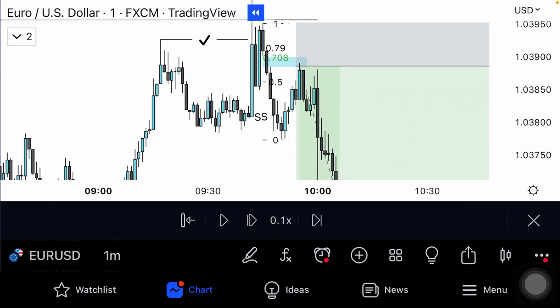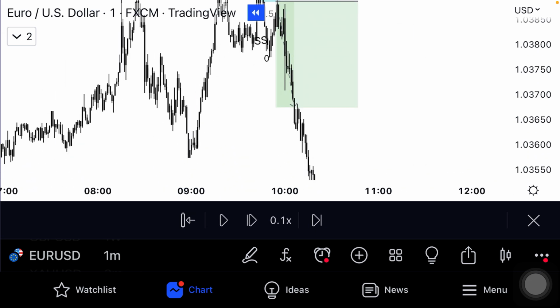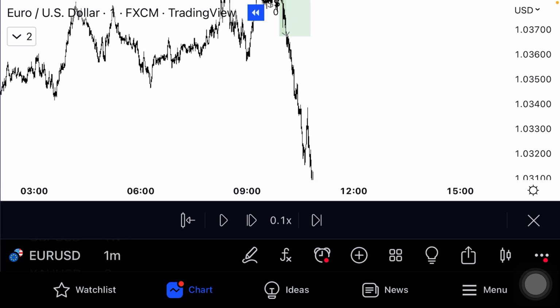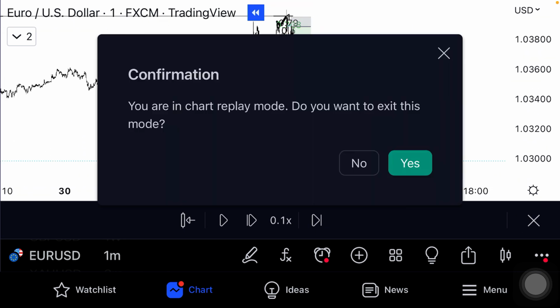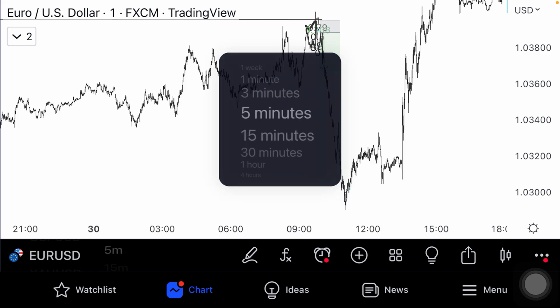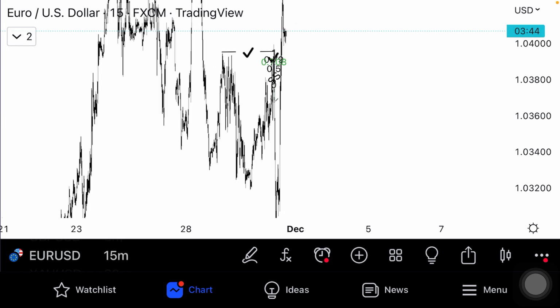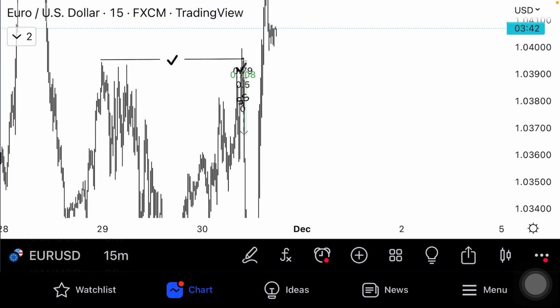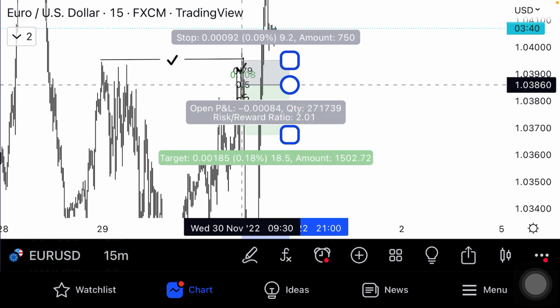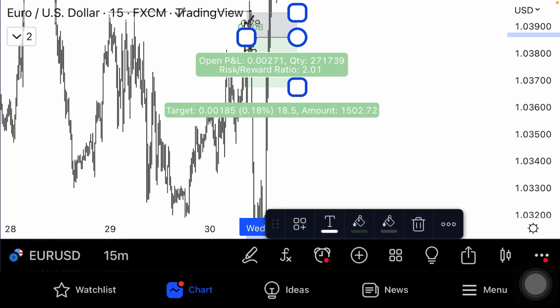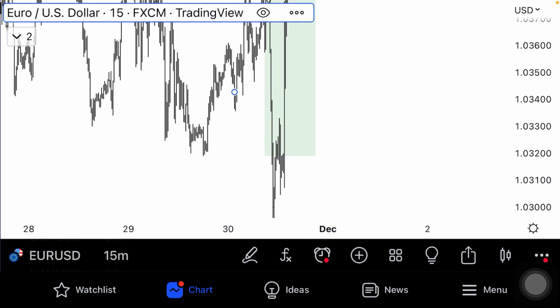So where am I going to target the take profit? My target would be the sell side liquidity. Let me go to higher time frames now. So my target would be the sell side liquidity, which is over here.